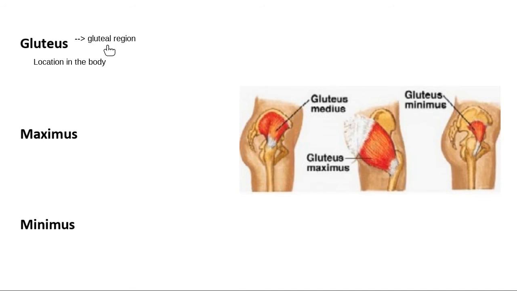If you see a muscle name that sounds like a regional term that you learned way back in week 2, if we see something that matches up, I would say you are 99% likely to find that muscle in that region of the body. So when I look at a muscle name and I see this word gluteus, that should tip off in my mind, oh, this is in the gluteal region of the body, which is kind of in the rump region.